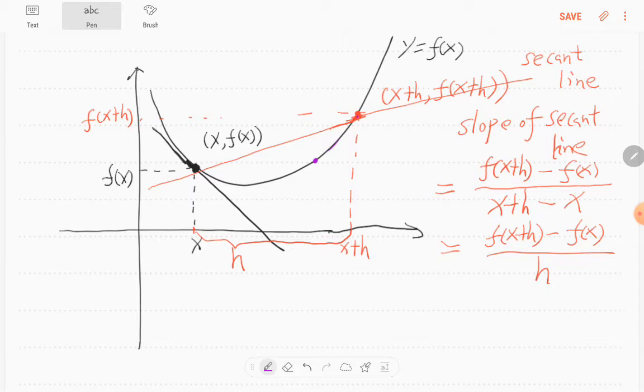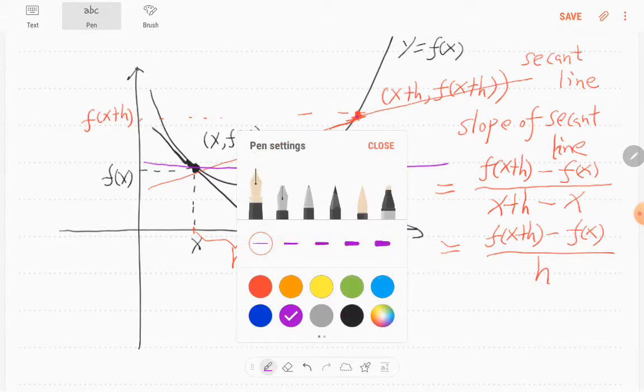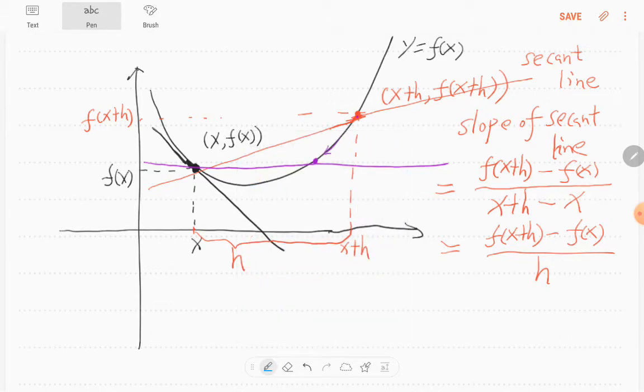Move down along the curve, move to here. Then you have a new secant line, right? You continue this way, you continue to move this point. For example, we move to here. Then you have this secant line.